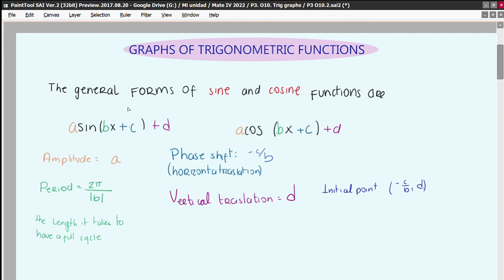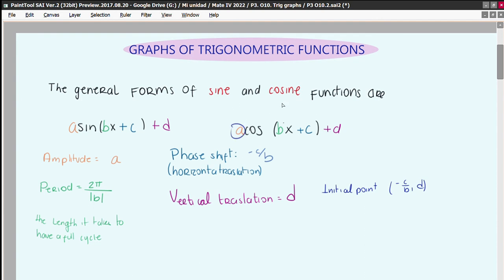If we have a constant adding or subtracting to the argument, that is a horizontal translation or displacement, and in trigonometry we call it a phase shift. And lastly, if we have a constant adding or subtracting at the very end, that is going to be a vertical displacement, just as we did last semester, okay?